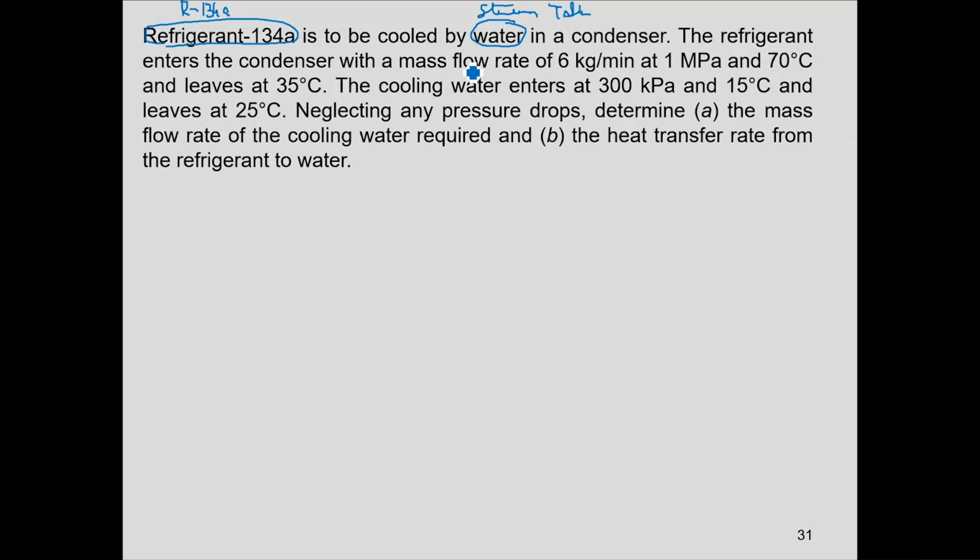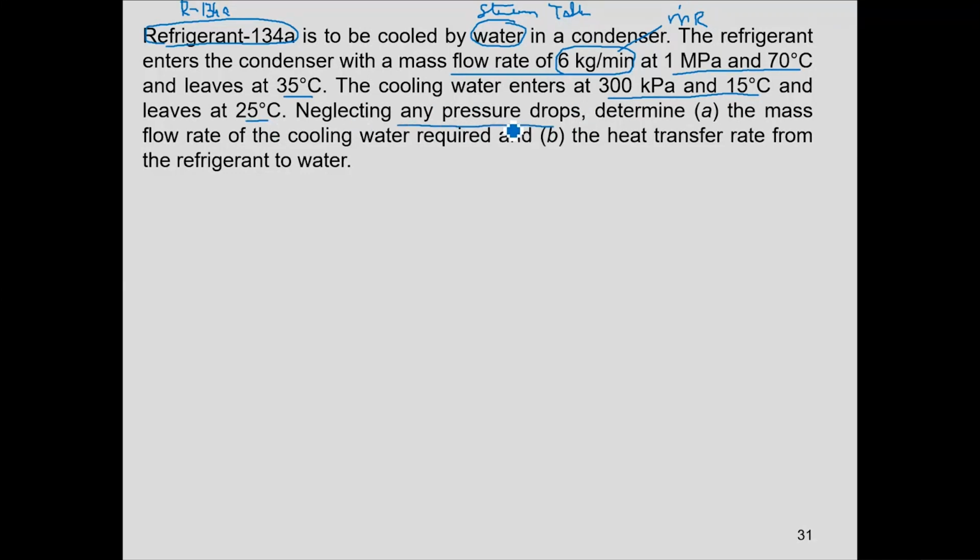The refrigerant enters the condenser with a mass flow rate of 6 kg per minute. So you have the mass flow rate of refrigerant known to you. The inlet conditions are 1 megapascal, 70 degree centigrade, and it leaves at 35 degree centigrade. For the cooling water, the entering condition is 300 kilopascal, 15 degree centigrade, and it leaves at 25 degree.